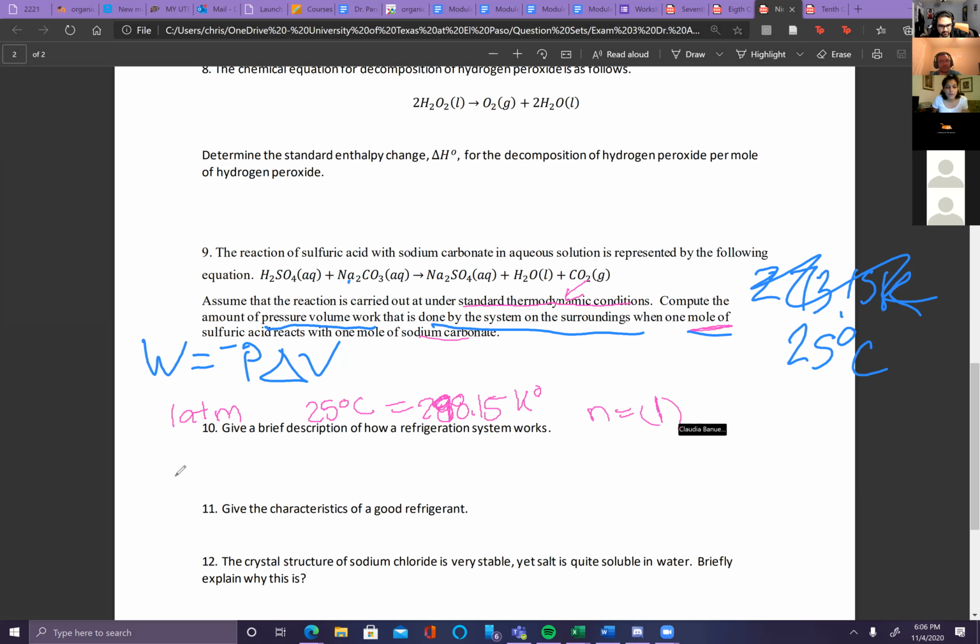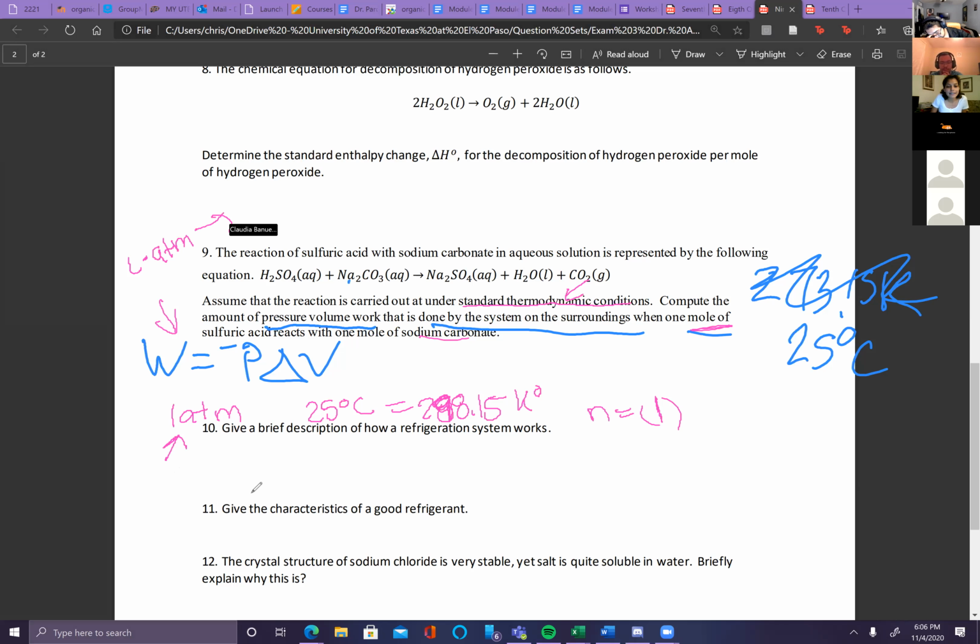So what is the only thing we're missing from the work equation that we don't have given in the problem? We have to convert the atm. Don't we convert the atm to joules? Actually, yeah, at the end, because work gives you liters times atm, so you are gonna have to convert that at the end to joules.